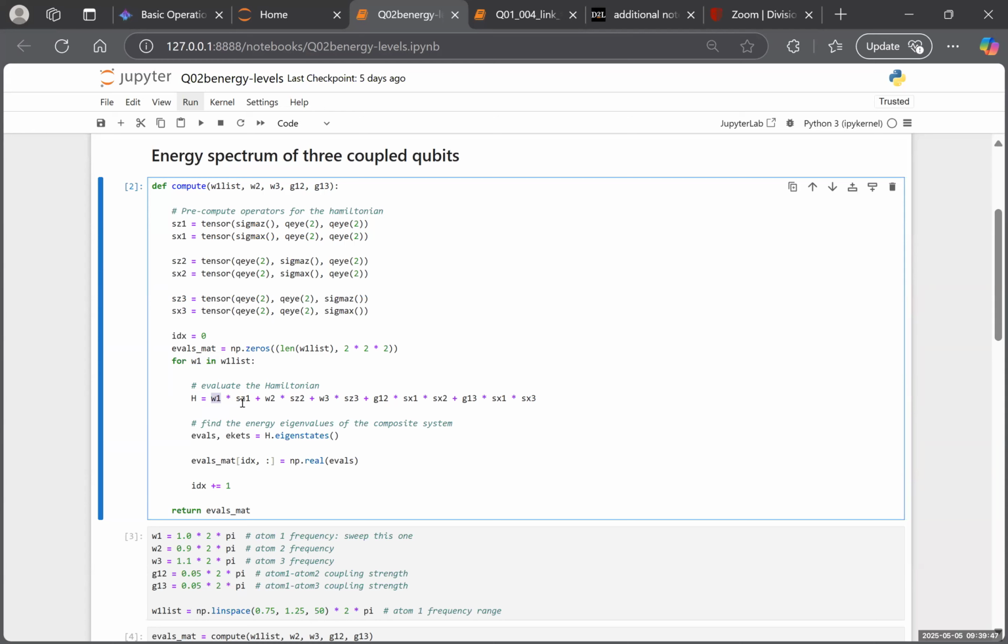W1 is the energy difference between the two levels in qubit 1, W2 is the energy difference between the two levels in qubit 2 and W3 for qubit 3. And G1,2 is the interaction between qubit 1 and qubit 2 by XX interaction. G1,3 is also XX interaction.